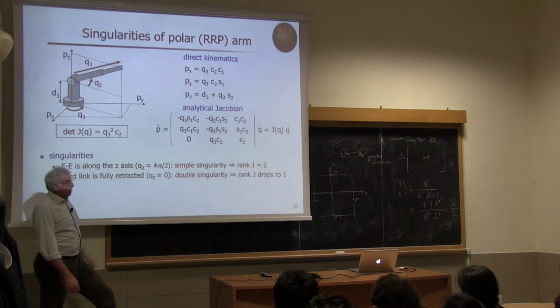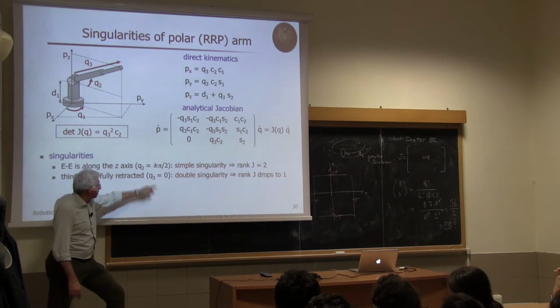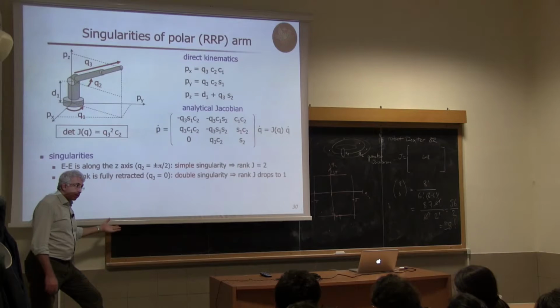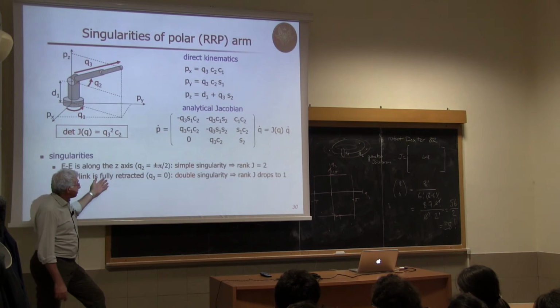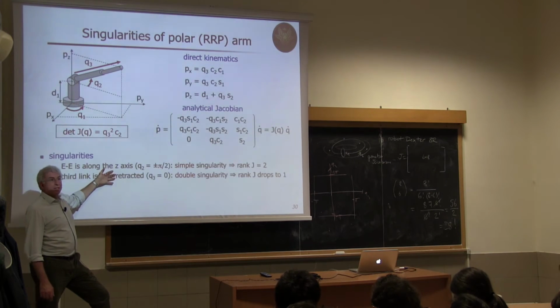When you retract the third prismatic joint, so you bring Q3 to 0, and you substitute this into the matrix, then you have a rank drop to 1, and this is called a double singularity. Double singularity means that some more difficult case is encountered.